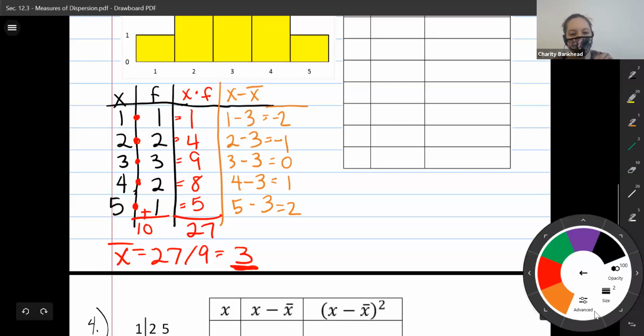Then what we're going to do is the frequency times that squared.